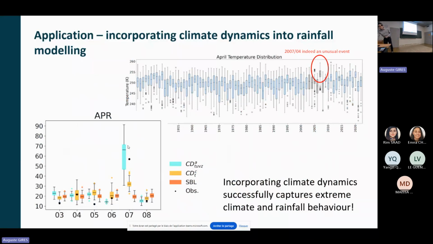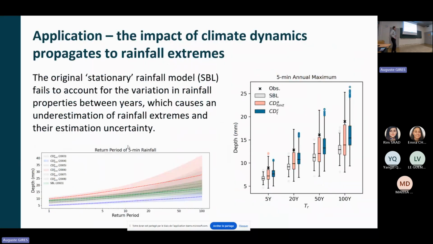We can further use it to generate rainfall extremes like this. Rainfall extremes here are for different return periods. If we only consider the traditional, stationary way, it looks like this.